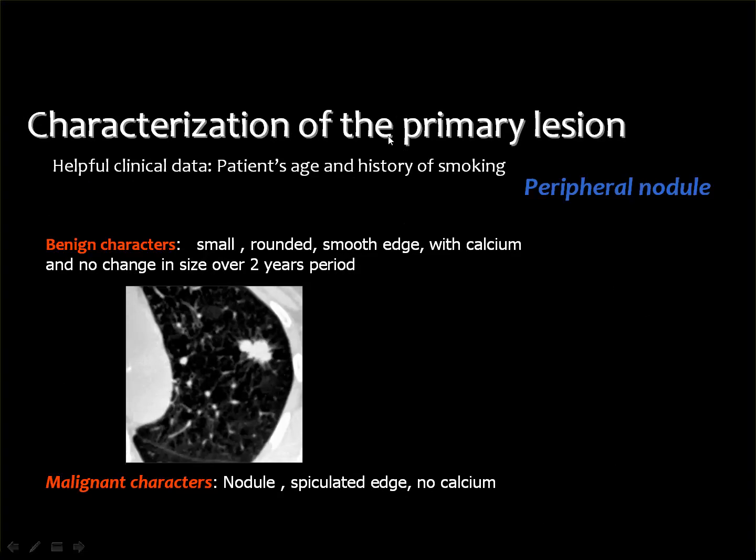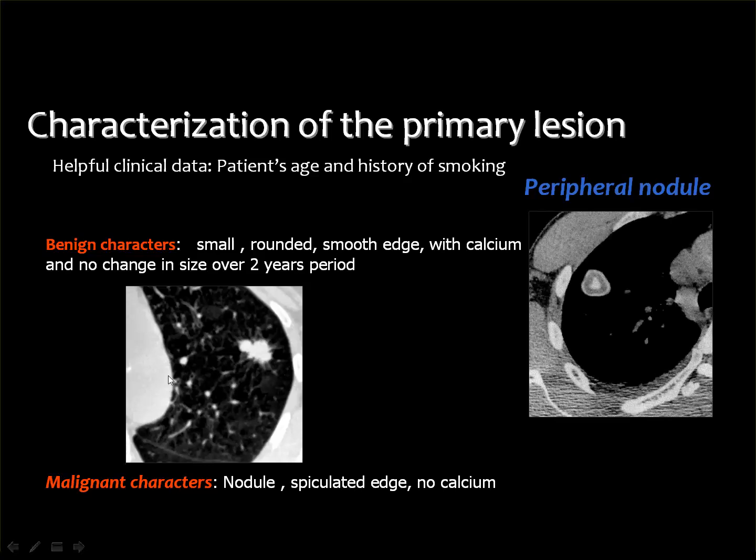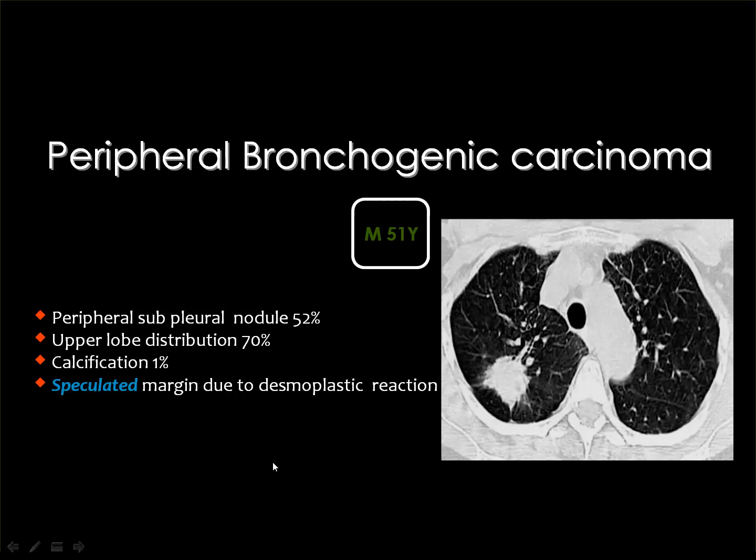Then characterization of the primary lesion depends on the imaging findings that are sometimes highly suggestive of the presence of malignancy. If you can see here, this pulmonary nodule has a very characteristic speculated margin, compared to this benign nodule with a smooth edge and central calcification.